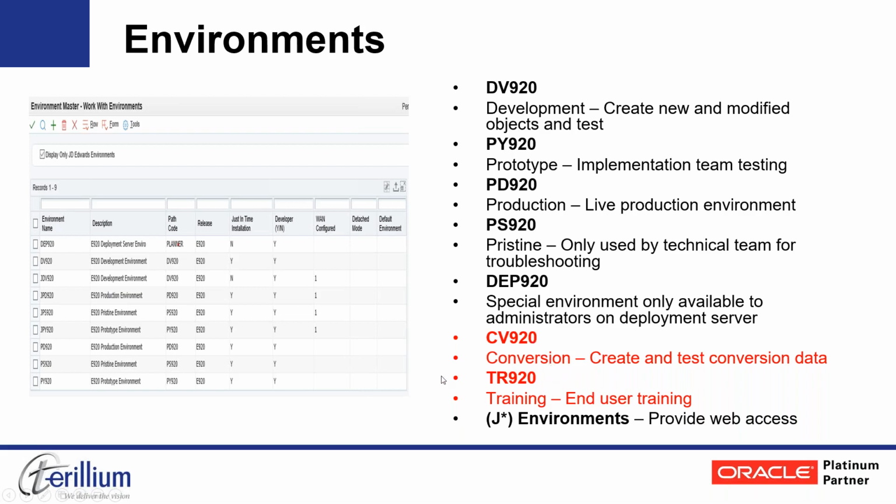So I've listed two additional environments that we'll often see at customer sites: a conversion environment and a training environment. Just because you have a development environment that's matched up with the development path code does not mean that this has to be a one-to-one relationship.